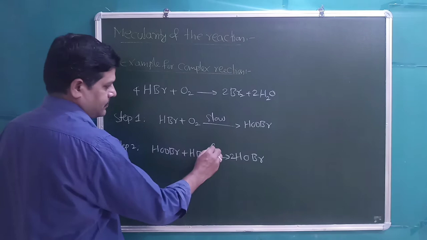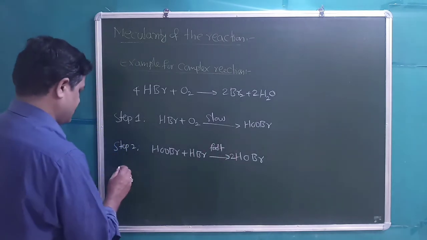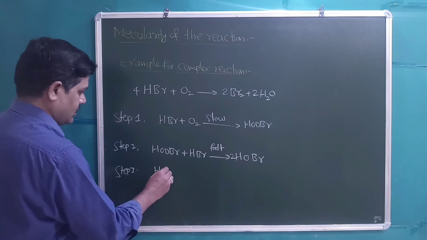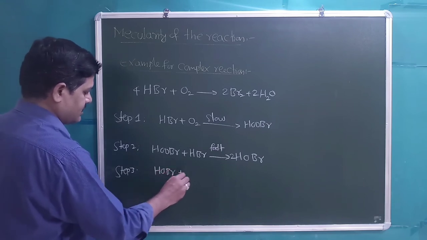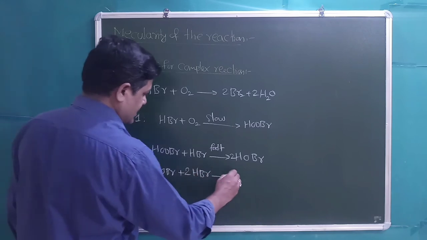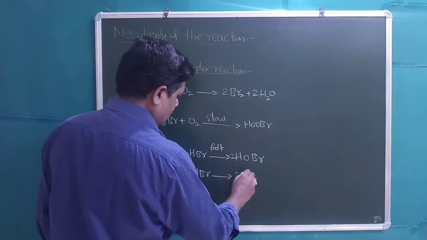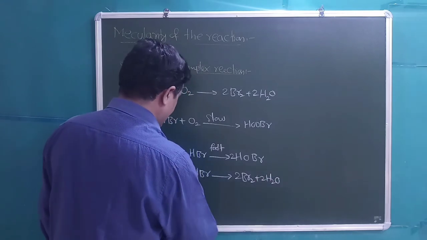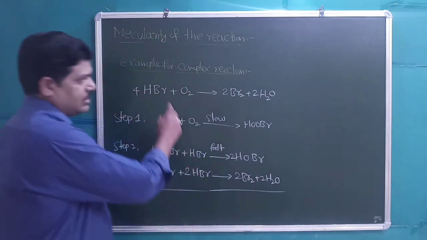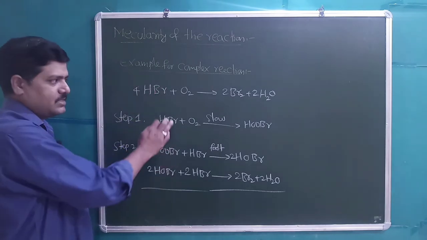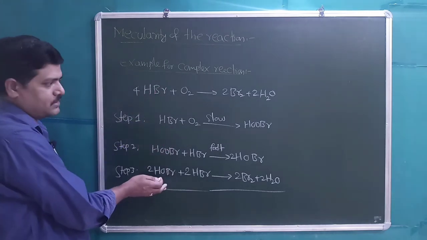This is also a fast step. And the third step is 2HOBr plus 2HBr gives rise to 2Br2 plus 2H2O. Students, you add all these steps. It is a single reaction which occurs in more than one step. This is occurring in 3 steps.